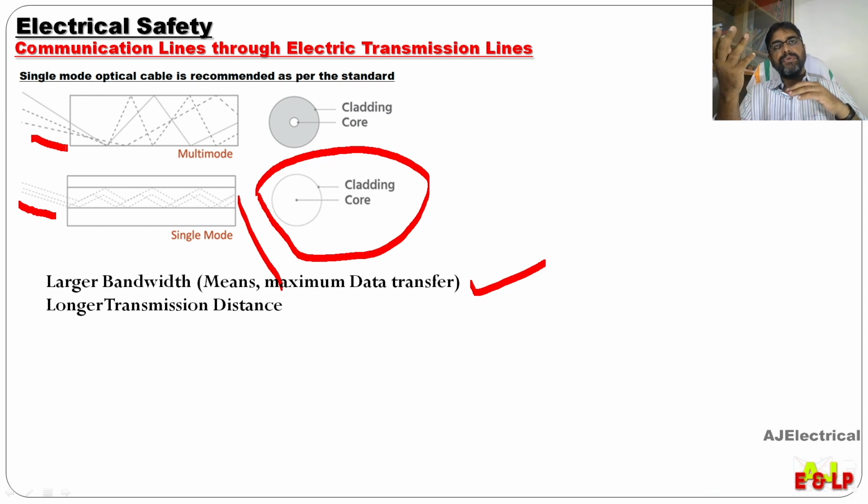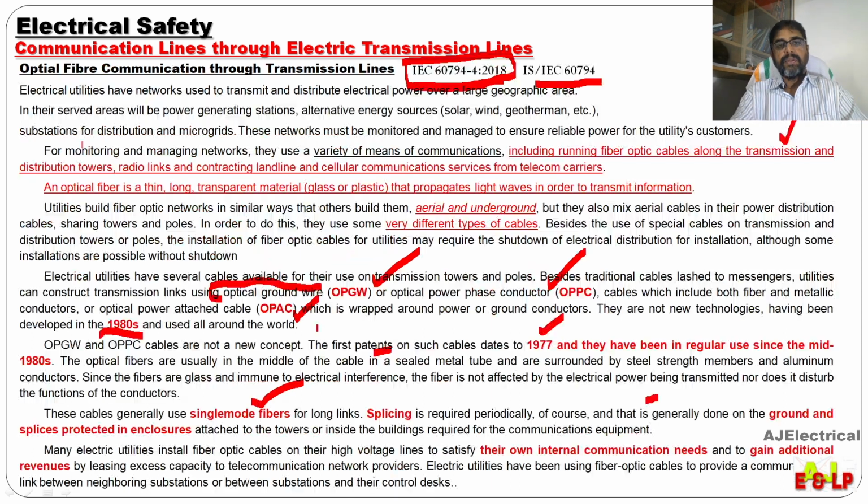For example, in cable TV or at the consumer end, you can use such multi-mode fibers. So in short, for such communication, only single mode fibers are recommended.